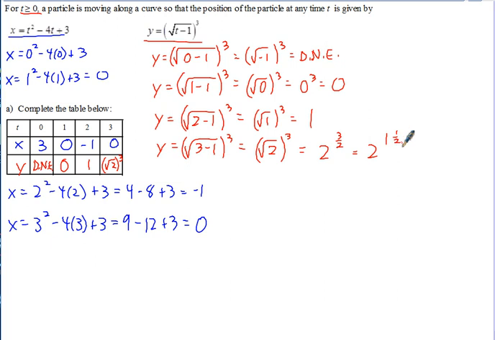So to figure out what this is between, well, we know 2 to the first is 2, right? And we know 2 to the second is 4. So we know it's somewhere between 2 and 4. I'll estimate around 3.